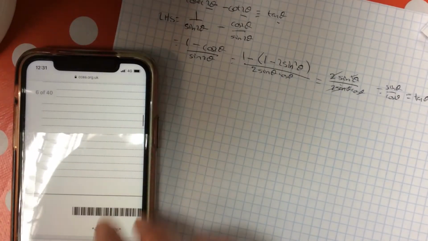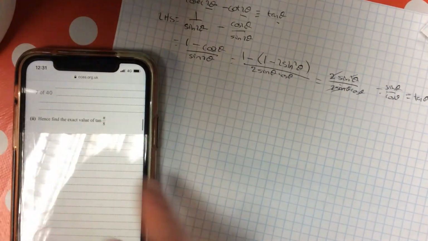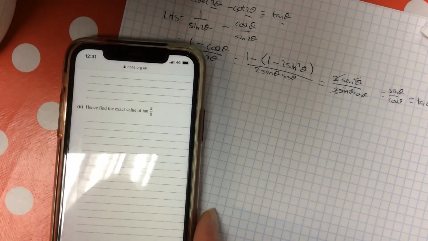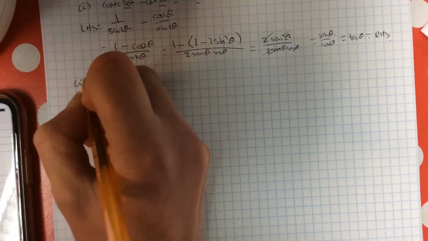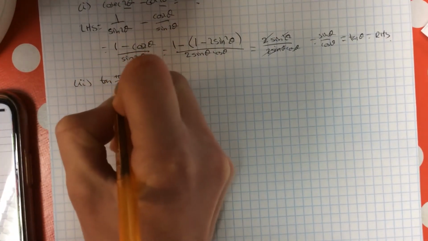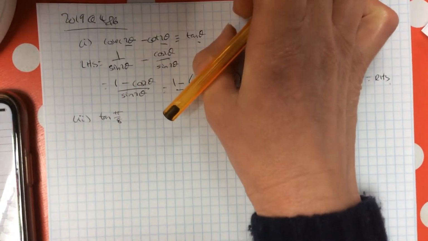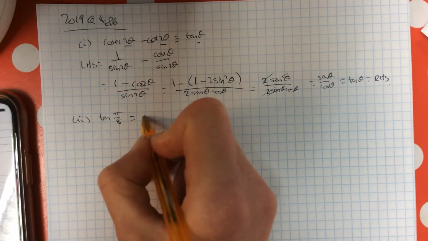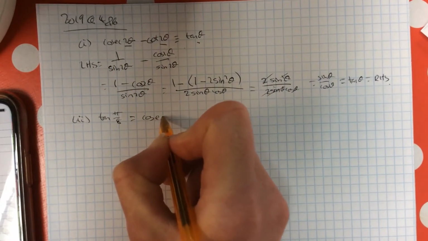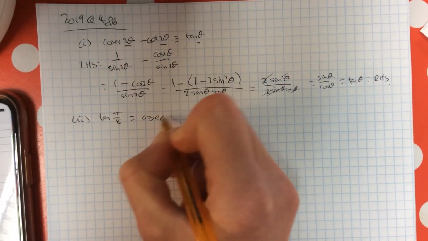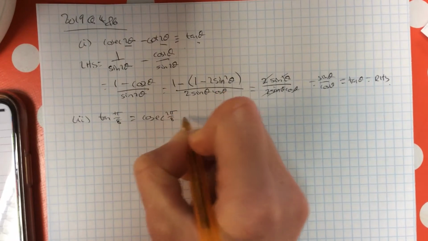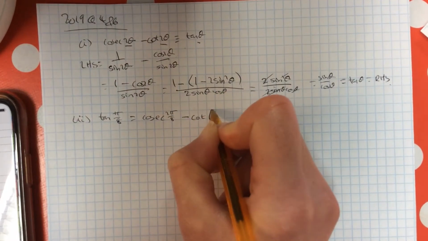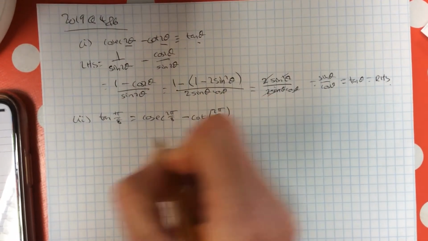Part 2 of this question is hence. When you see the word hence, you use the previous answer. So, hence find tan pi over 8. If you look back up to the top, tan theta, I can rewrite that as cosec 2 pi over 8 minus cot 2 pi over 8.